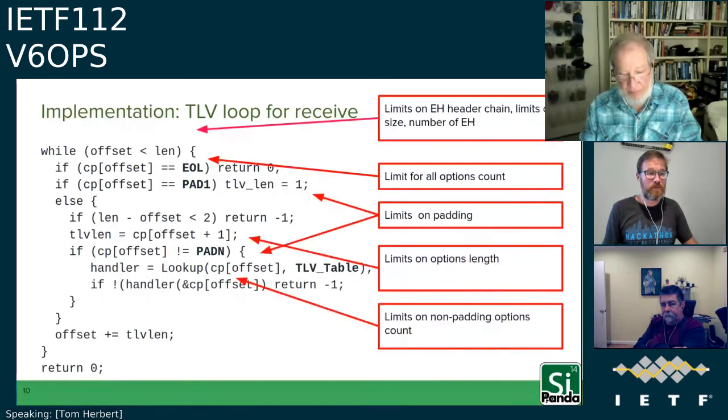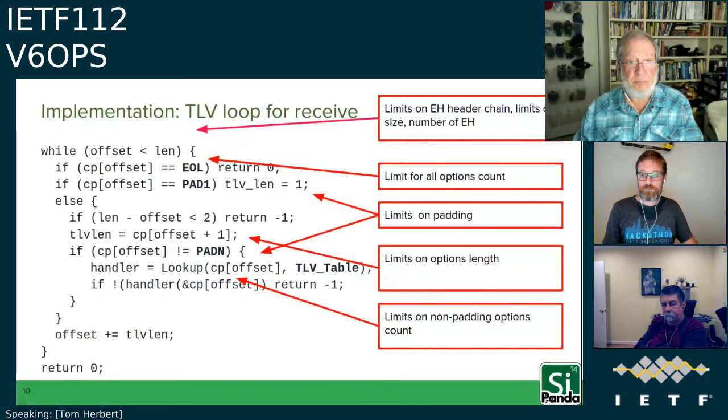And if we add the limits in, this is where they would be applied. The limits on the extension header chain, the size of the extension header, and the number of extension headers would be applied before such a loop. But everything else, the limit for the number of options that we're willing to process, would probably be at the head of the while loop.